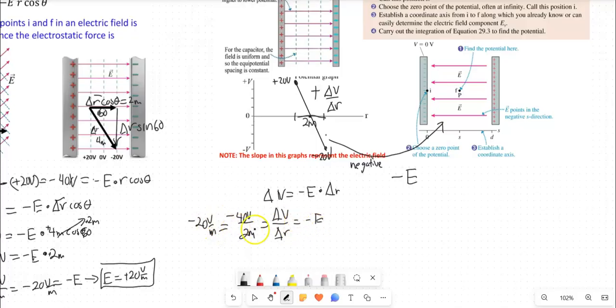How you do that is you take that negative E: negative 20 volts per meter is equal to negative E. So E is then equal to positive 20 volts per meter. And so you get a rightward pointed electric field. Okay?